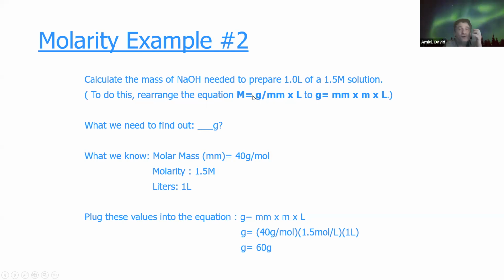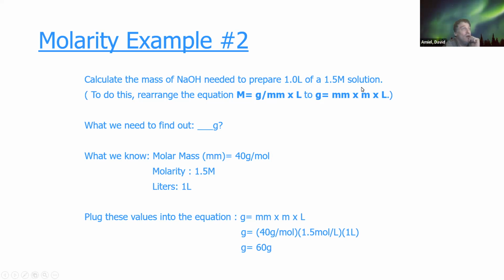So do the algebra first. No need to go running for the numbers here. Solve this equation for G. And you would come up with grams equals the molar mass times the molarity times the volume.